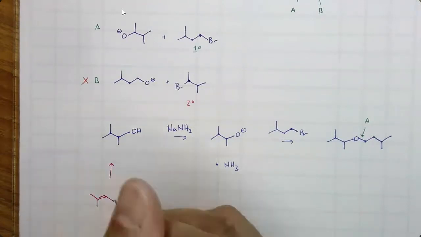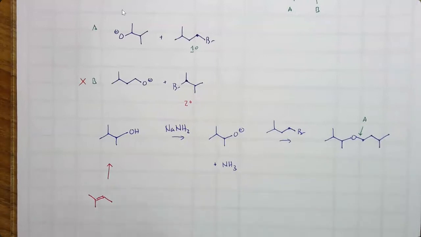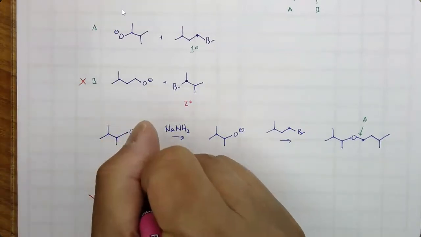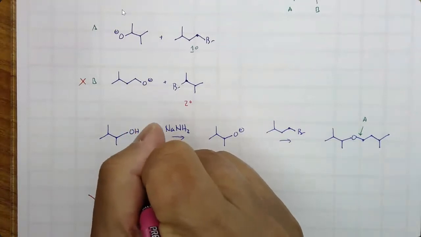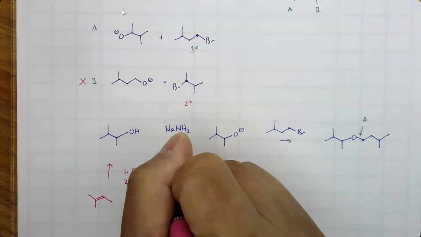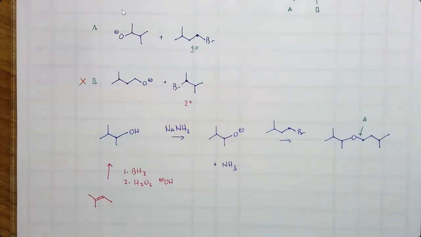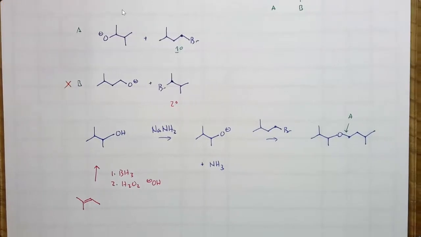You take this alkene and you do a hydration, but we have to put it on this carbon, not on the more substituted. Do you remember this reaction? Hydration, but in an anti or non-Markovnikov fashion. This is hydroboration oxidation.